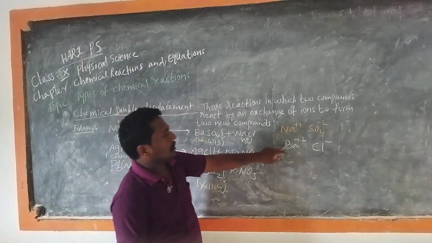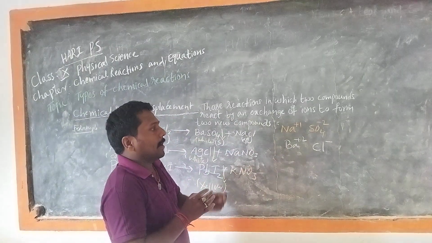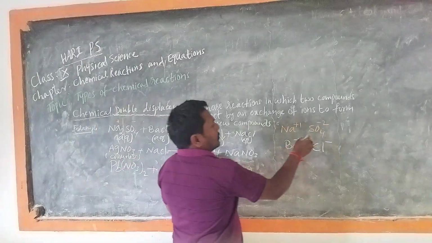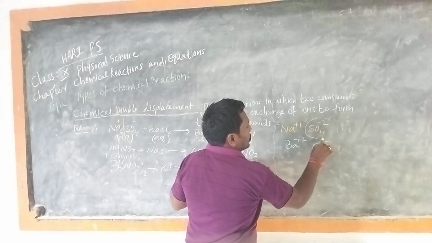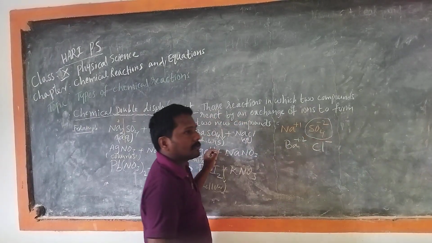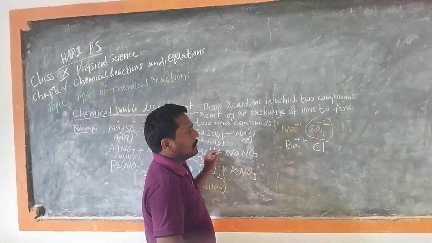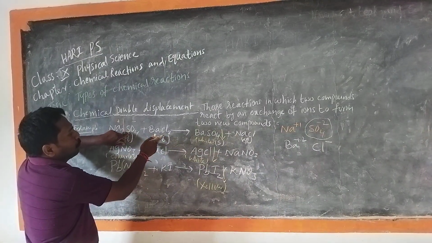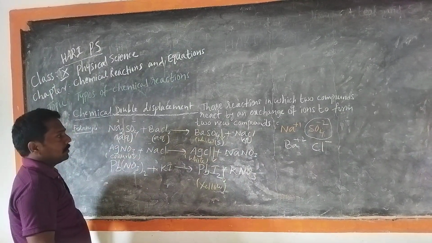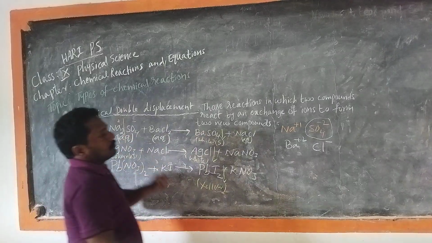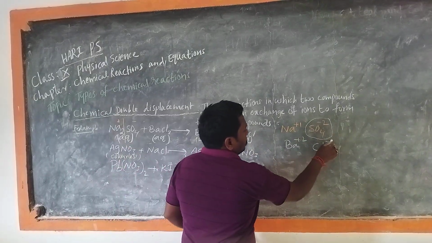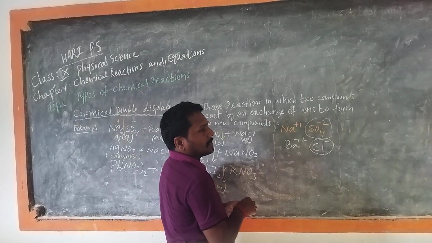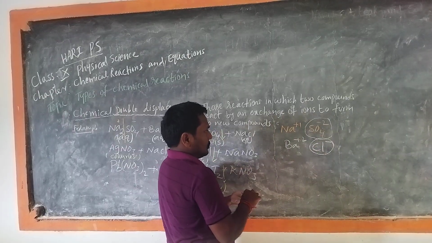So in the reaction, by exchanging their ions, the SO4 sulfate anion is displaced by the chlorine, and similarly the chlorine moves over. These two ions are exchanged between the compounds.